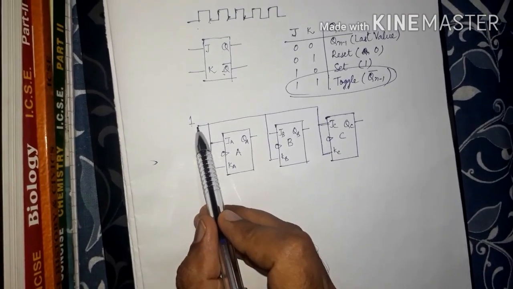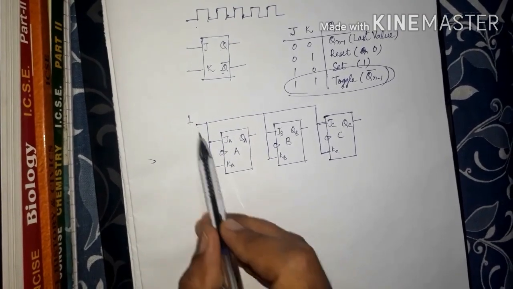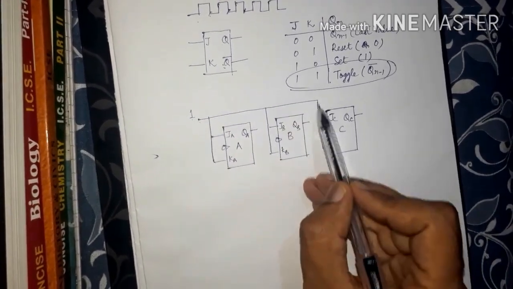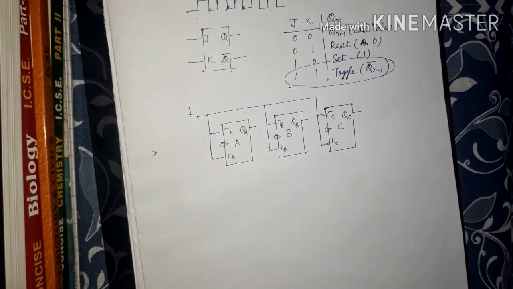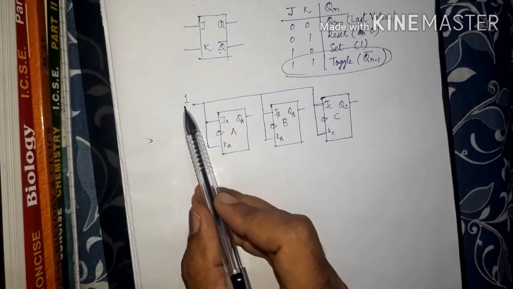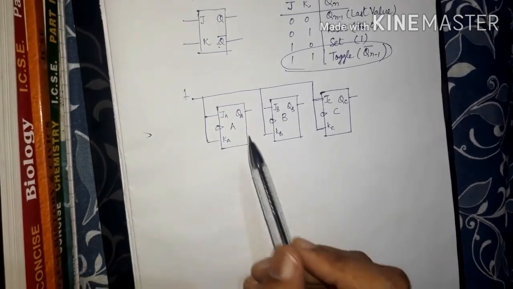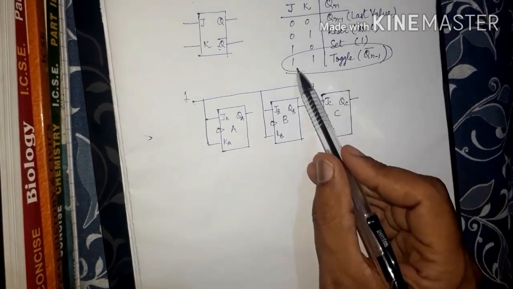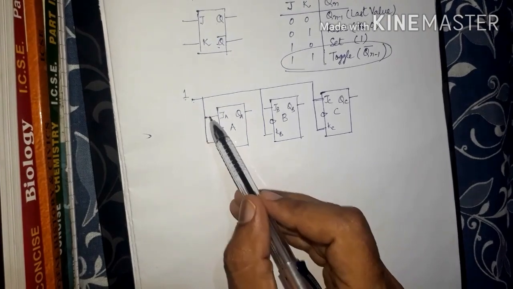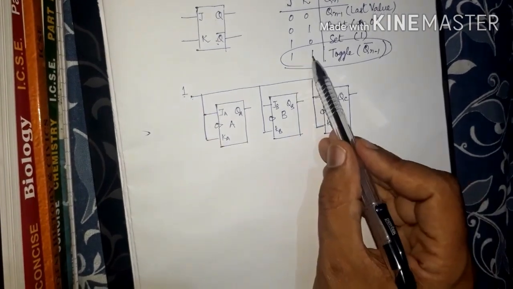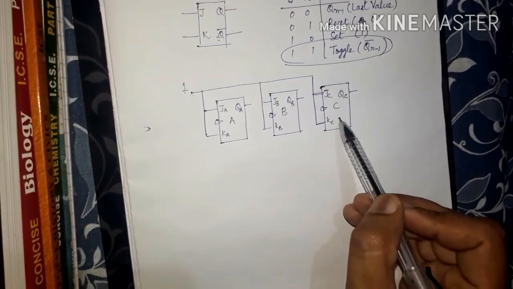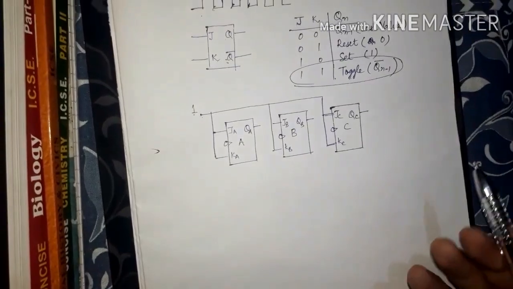This high signal is fed to JA, KA, JB, KB, JC and KC. That means all the J and K terminals of all three flip-flops are set at high voltage, so they will be in the toggle state. For example, for flip-flop A, its J value is high and K value is also high, so this flip-flop is in the toggle state. Similarly, B and C flip-flops are also in the toggle state.